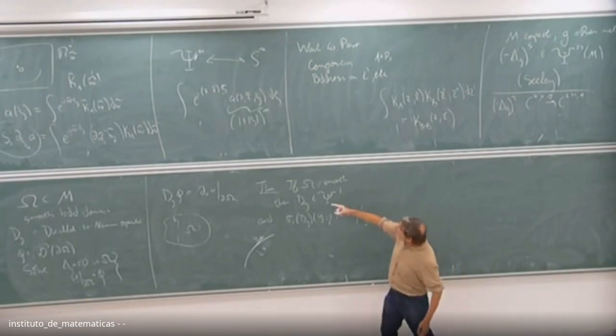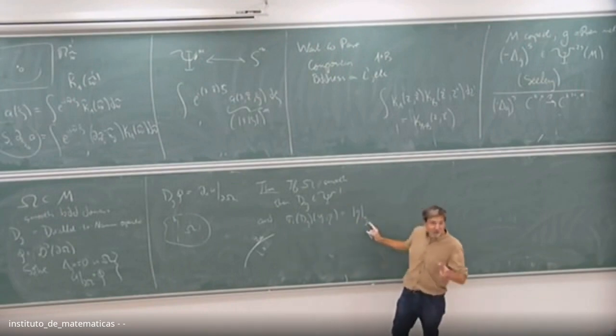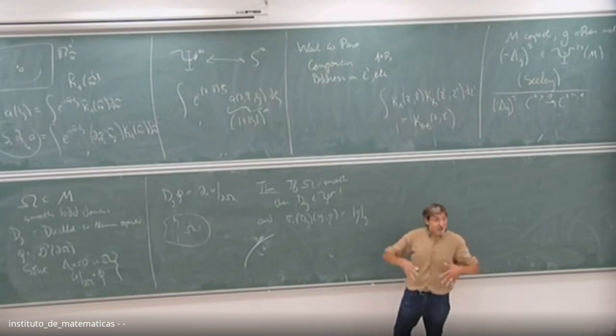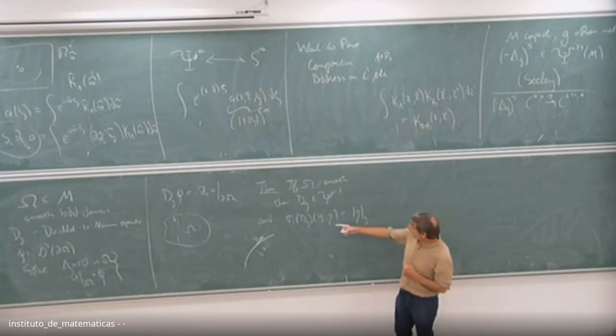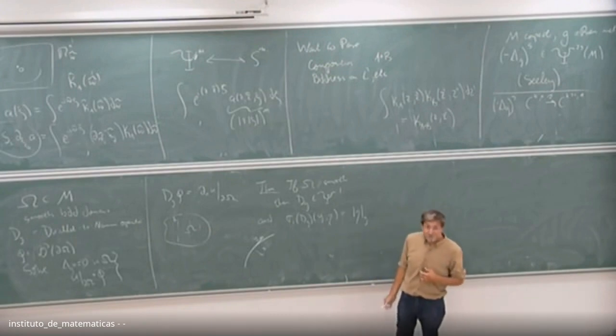In fact, there's more. You can say that d sub g is a pseudodifferential operator of order 1, and here's its principal symbol. That's a very clean statement. You can write down its entire symbol. So there's an entire symbol expansion for d sub g, for sigma of d sub g. It has a bunch of lower order terms.